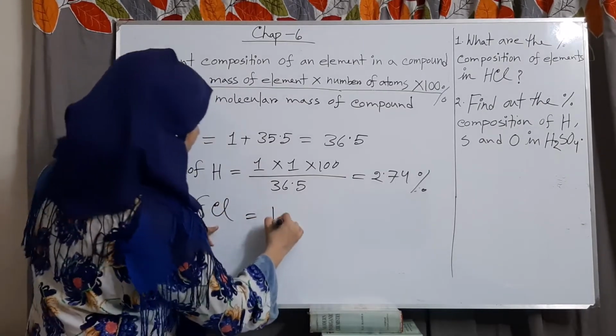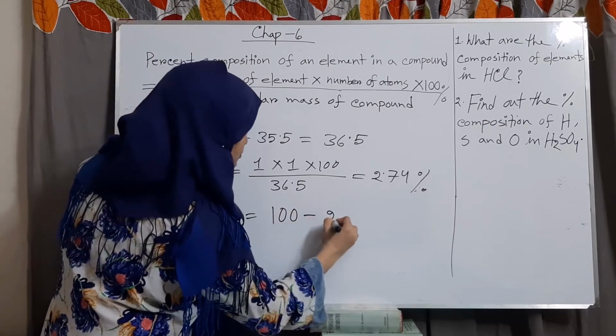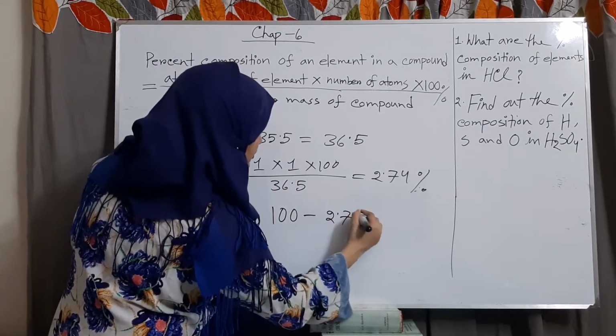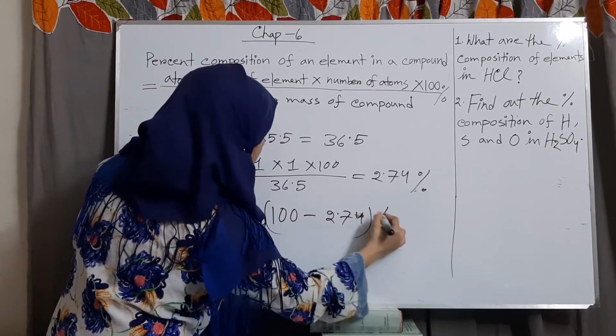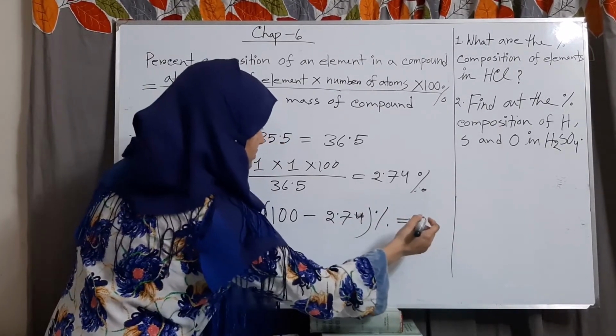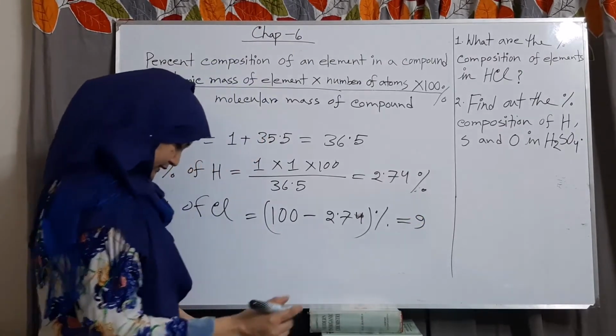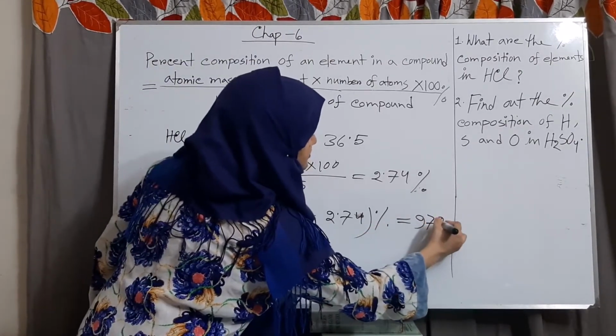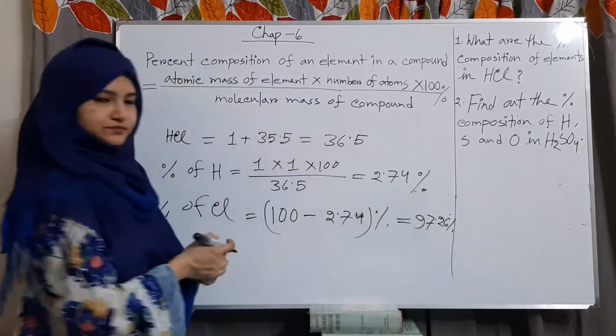So percentage of chlorine is 100 minus 2.74, which is equal to 97.26%.